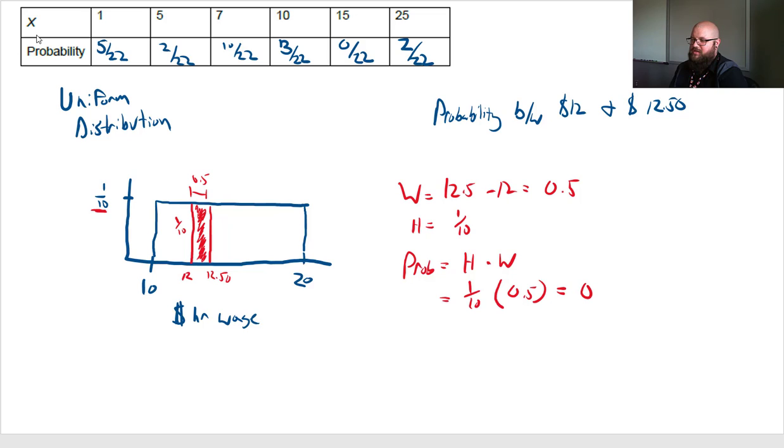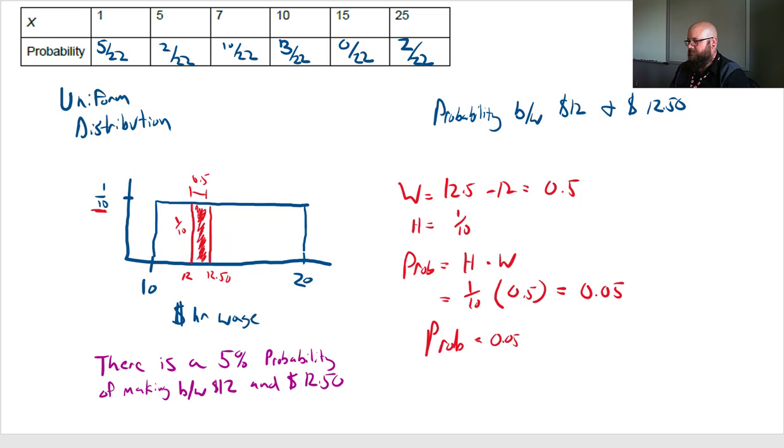If you calculate that out, you should get 0.05 for the actual probability of making between $12 and $12.50. So what that's saying is there is a 5% probability of making between $12 and $12.50 based on the uniform distribution, where I said I was going to pay you anywhere from $10 to $20, and you have the same chance to get any one of those values for your hourly wage.